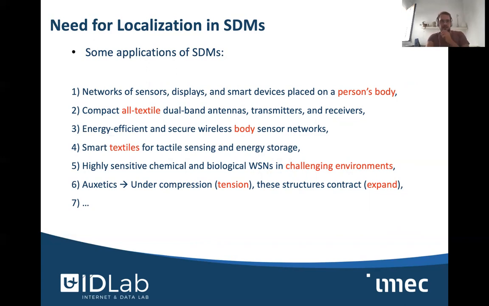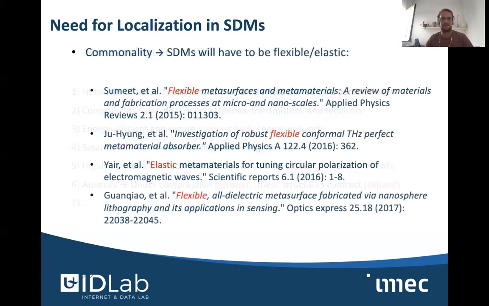The point of this slide is to show that there is some mobility of software-defined metamaterials and metasurfaces in the applications they are envisioned to enable. The mobility we are talking about here is the relative change between the elements of a metasurface.